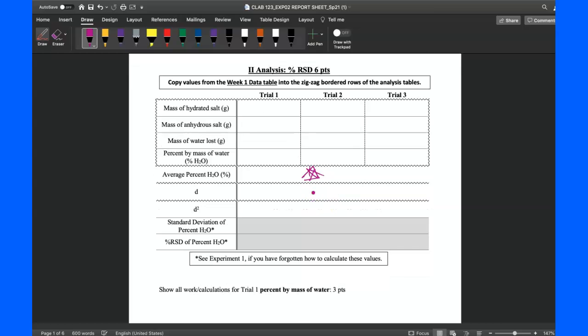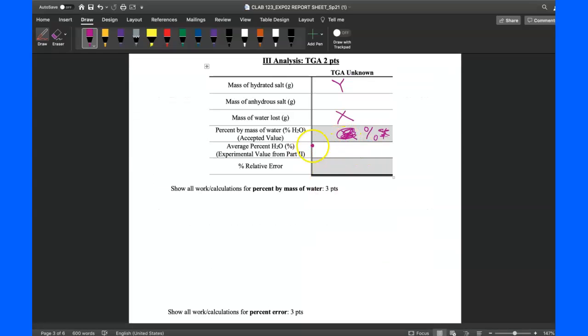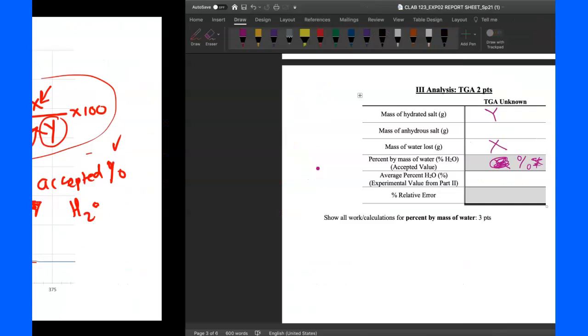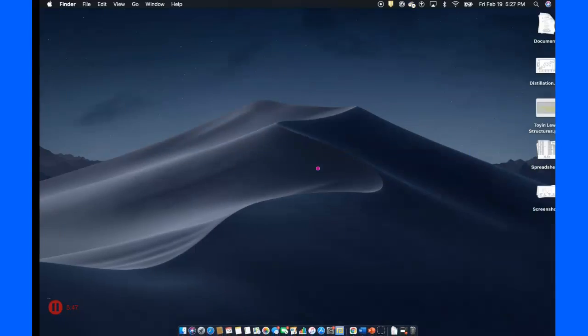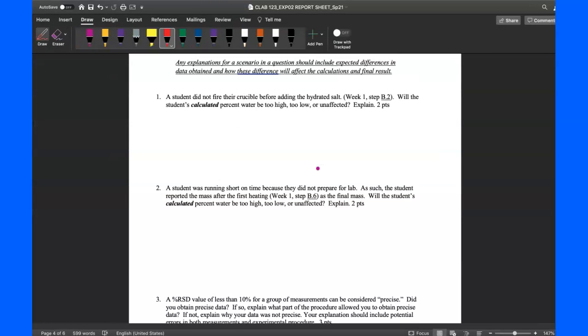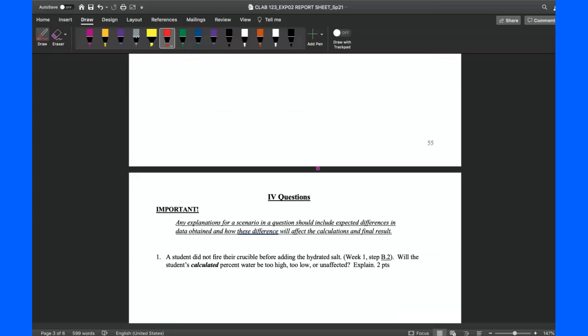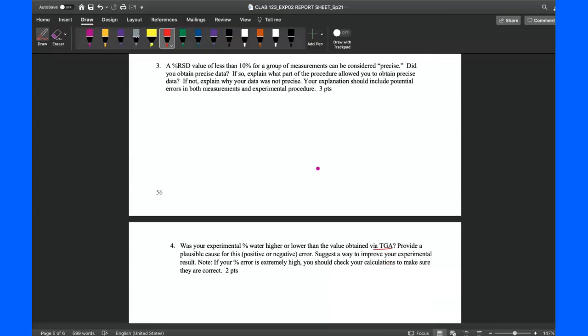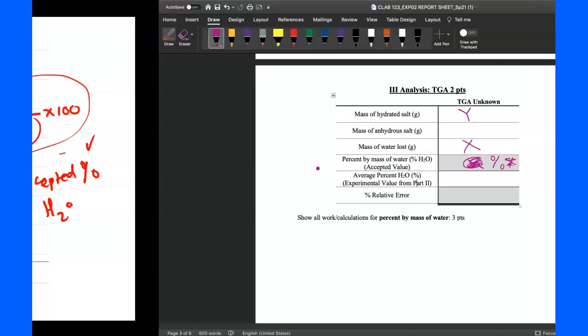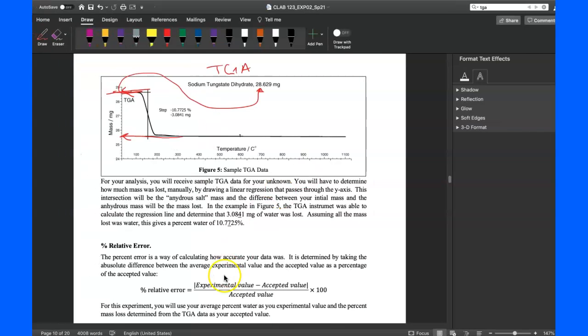Okay, and then of course the percentage relative error you can find using the formula in your manual. Let me scroll and show you where the formula is. Percentage relative error is here in your manual, equals experimental value minus accepted value over accepted value times 100.